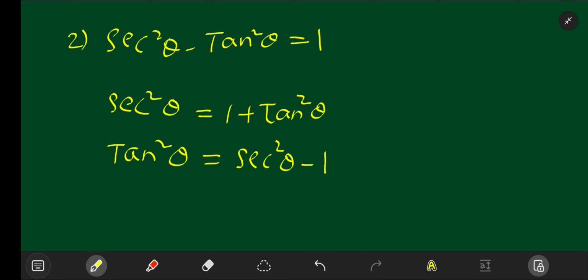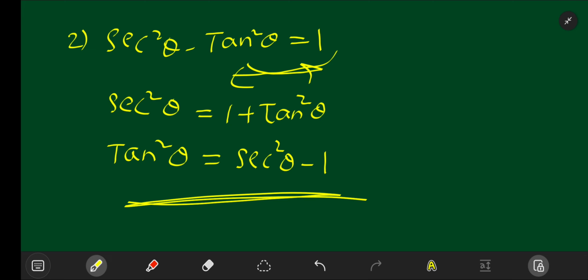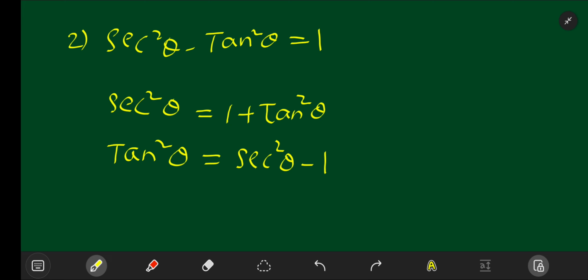Just send tan square theta to the right hand side and 1 to the left hand side. You will get this formula. Okay, this is the second identity.